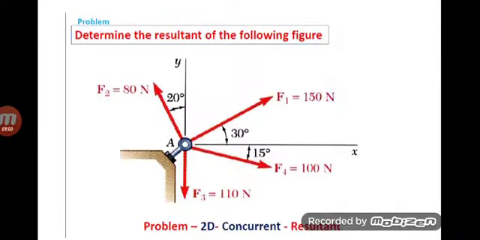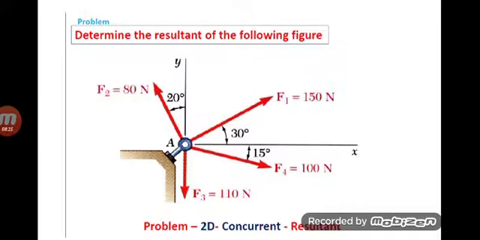Here the problem has been given: determine the resultant of the following figure. Okay, this is the question. Just see the figure. There is a point A. From that A there are 4 forces: F1 equal to 150 Newton, F2 equal to 80 Newton, F3 equal to 110 Newton, F4 equal to 100 Newton.